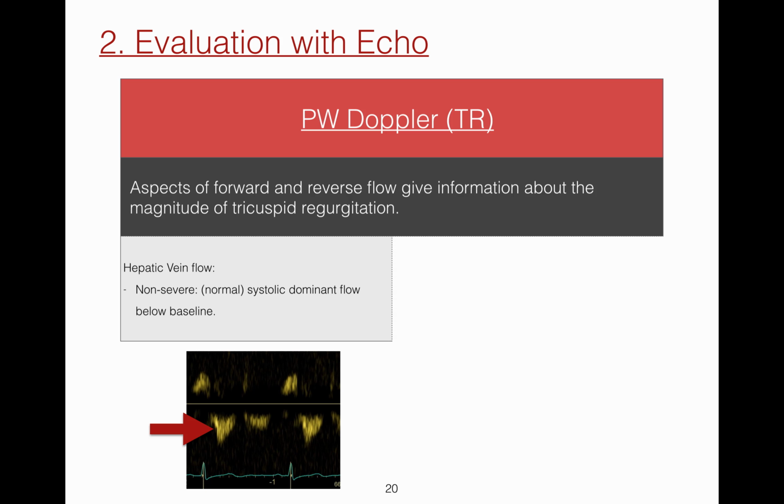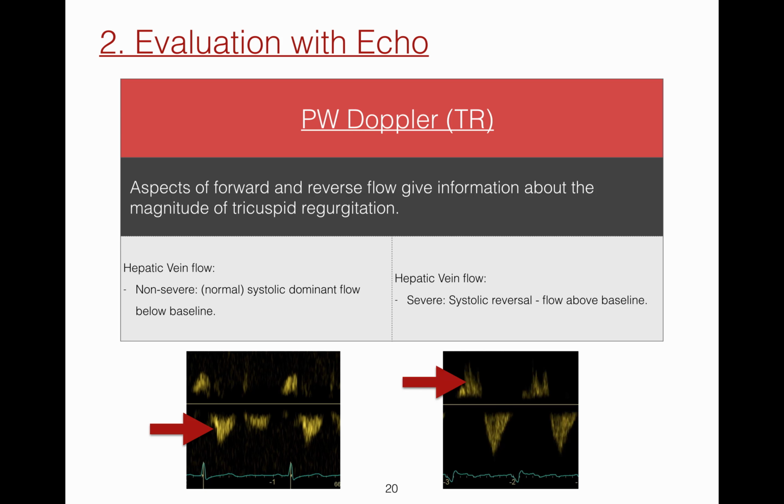Normally, hepatic vein flow measured with pulse wave Doppler from the subcostal window is systolic dominant, with the systolic waveform shown below the baseline. In cases of severe tricuspid regurgitation, there is systolic flow reversal in the hepatic vein, shown by flow in systole above the baseline.